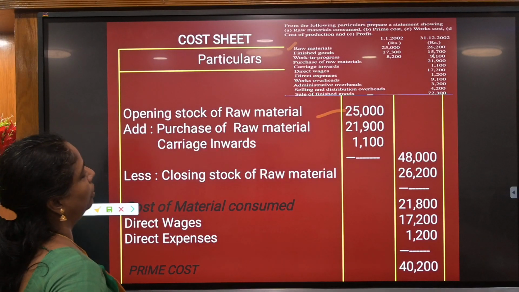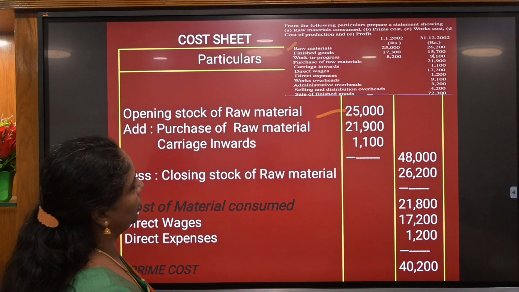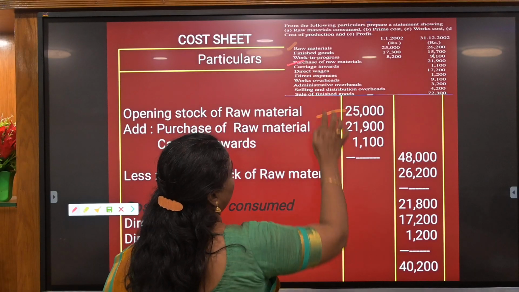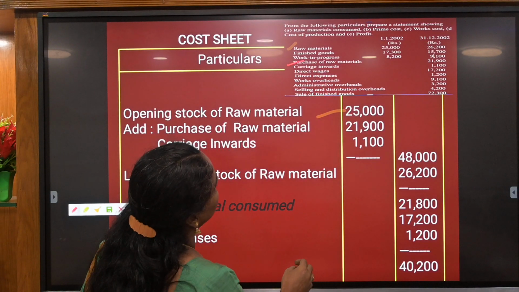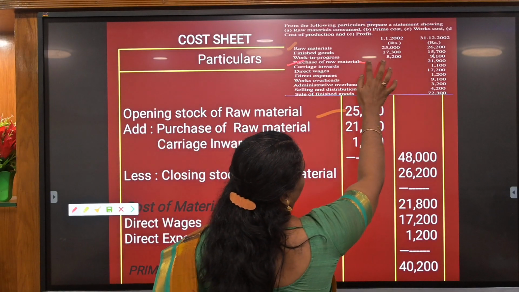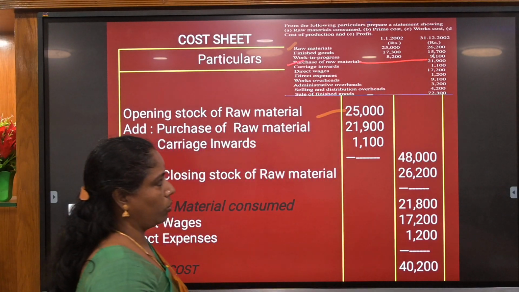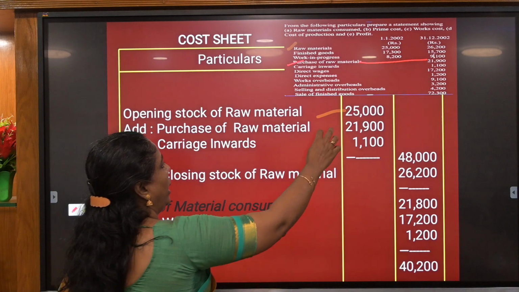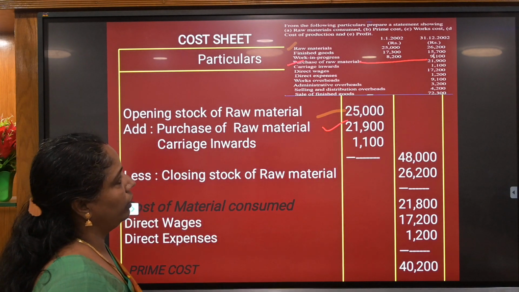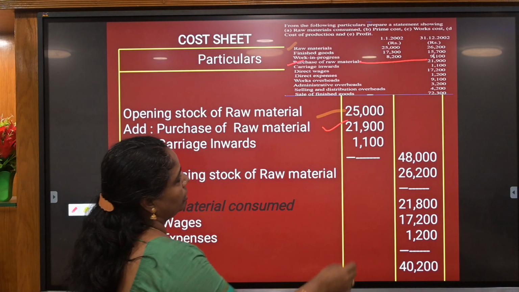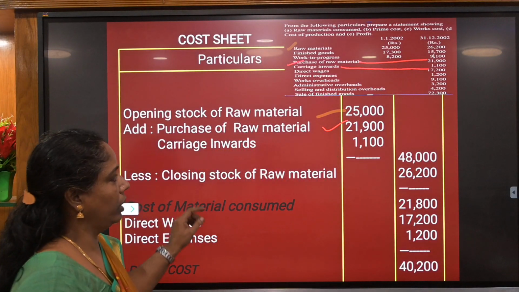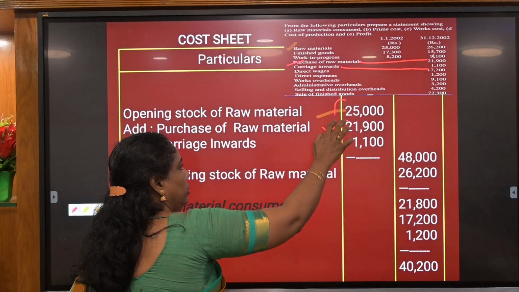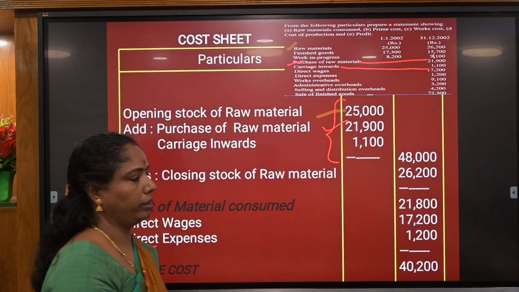Then add purchase of raw materials, that is 21,900. That we have to add with the opening stock of raw materials. Next, carriage inwards, which is related to purchase of raw materials, that is 1,100. If we add these three, we will get 48,000.